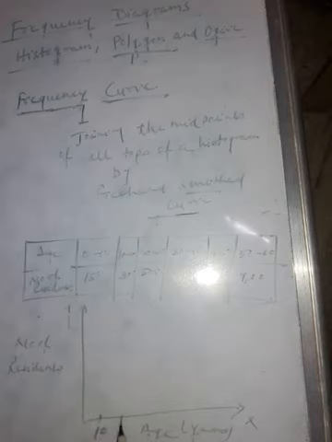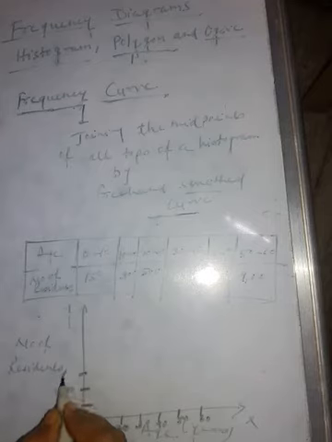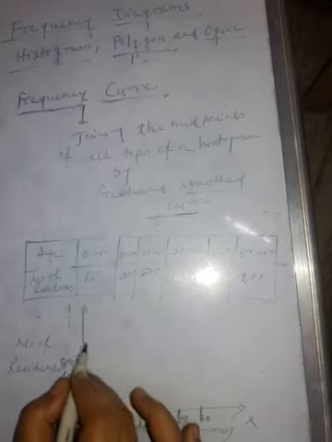Here 10, 20, 30, 40, 50, 60. Here take from 200, 400, 600, 800, 1000.